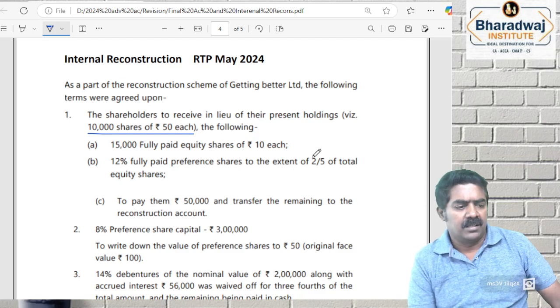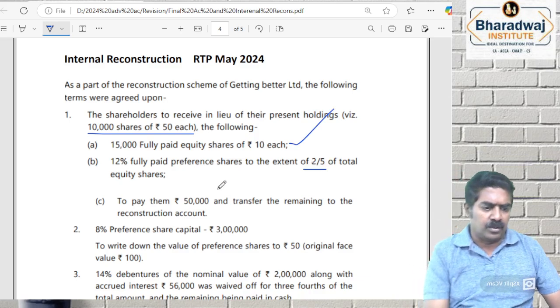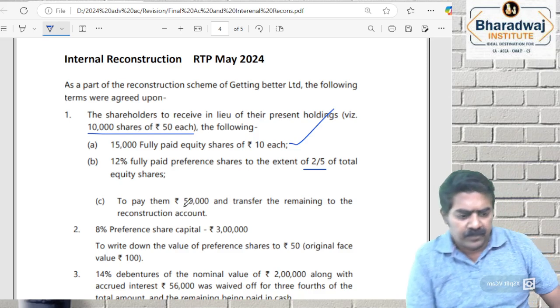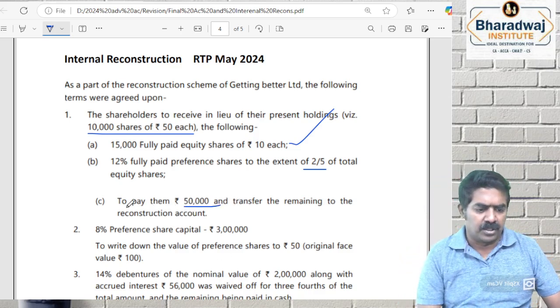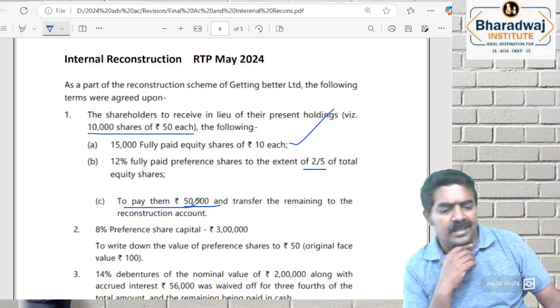What will they get? 15,000 shares of 10 each. Then preference shares will be given, 2/5 of the total amount of equity shares, 50,000, and transfer the remaining to which account? They have given reconstruction account. Pay them 50,000, they will get the cash now.